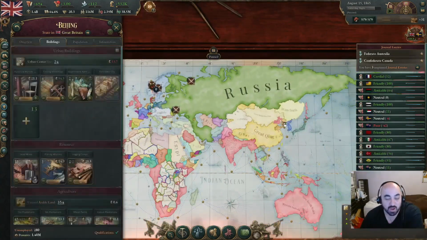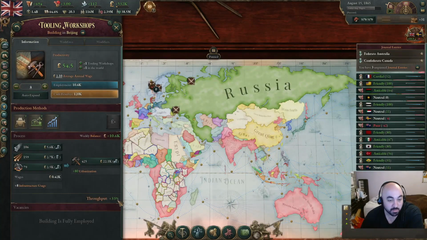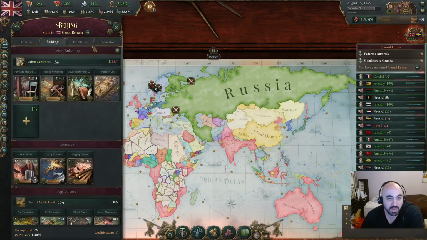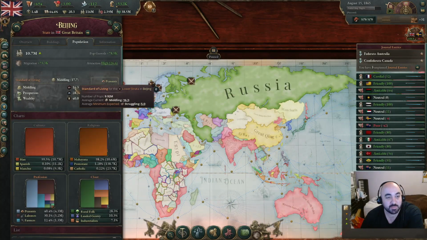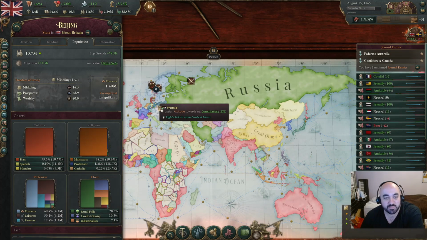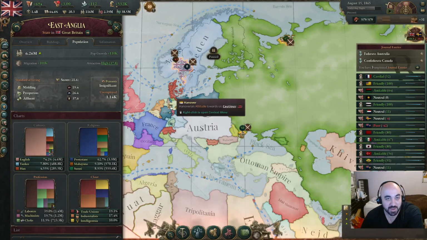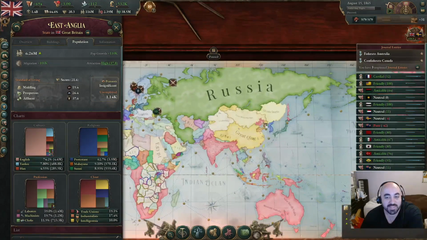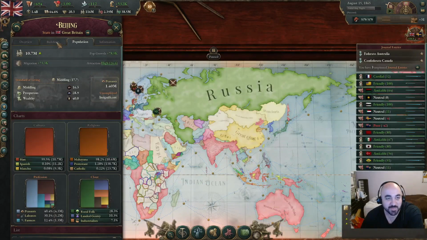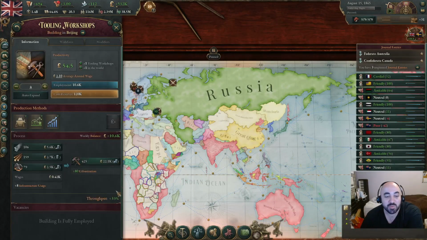They will get throttled because of this 10% throughput bonus, for starters, as well as, generally speaking, the lower rung population is generally willing to work for less in unincorporated territories. Which means the buildings that are paying you taxes based on how much money they make will not be profitable, whereas the buildings that don't pay any taxes based on how much money they get will be extra profitable.